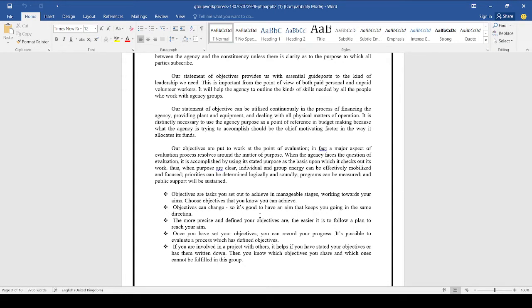Especially our aim is to attain something, and we should attain our aim or goal through these various tasks. Objectives are short term goals, so our objectives should be achievable.